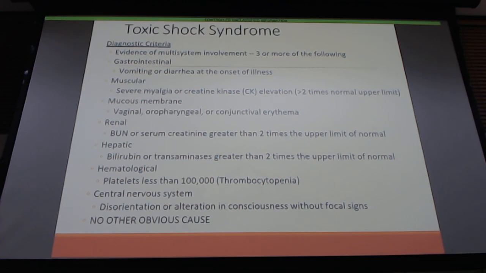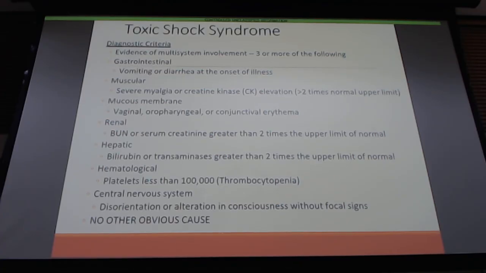All right, so here are some criteria to see if there is multiple organ involvement within toxic shock syndrome. Three or more of the following tell you that you probably have toxic shock syndrome, and these are the specific organs involved. Vomiting and diarrhea will be your gastrointestinal. Your musculoskeletal, you'll have an increase in your CK.